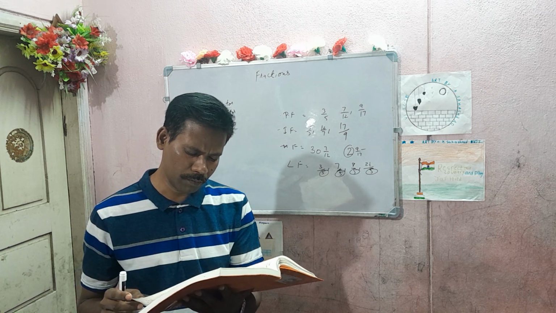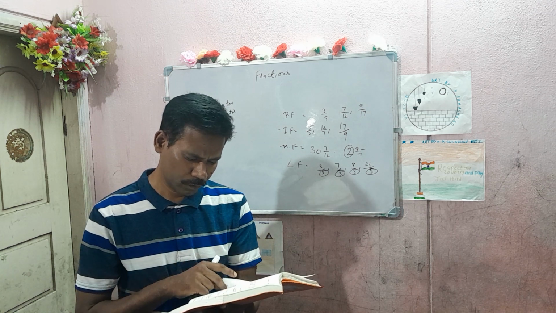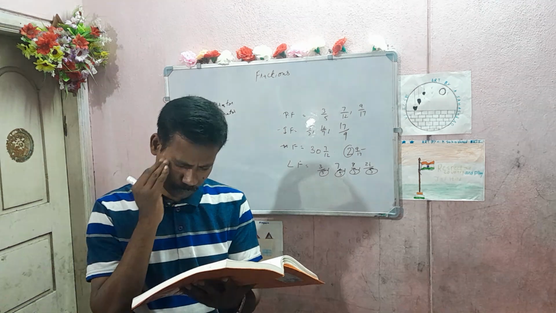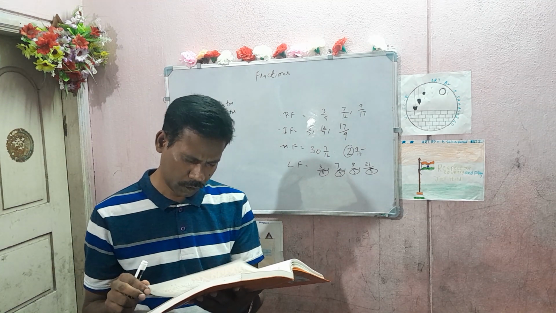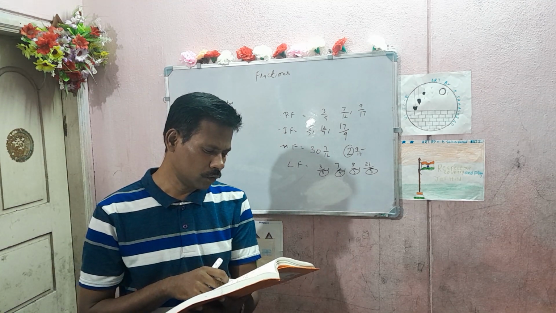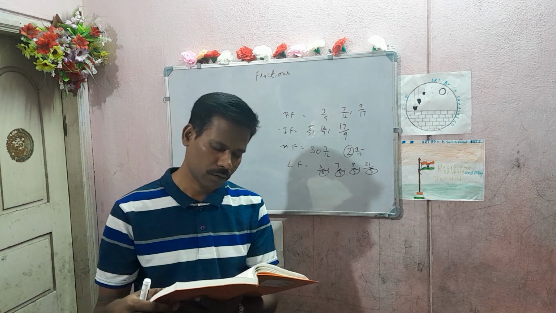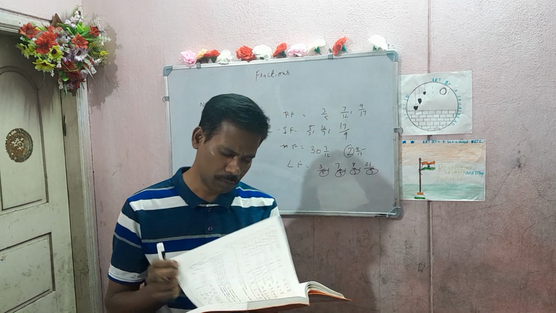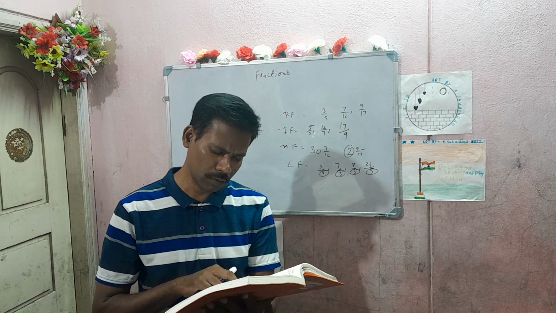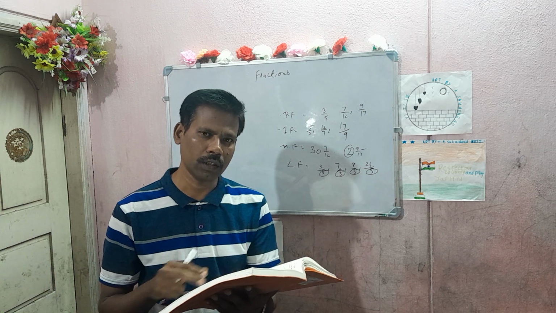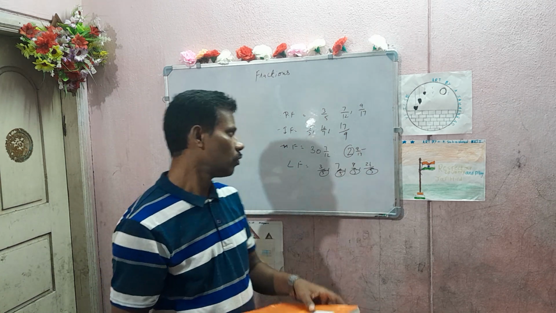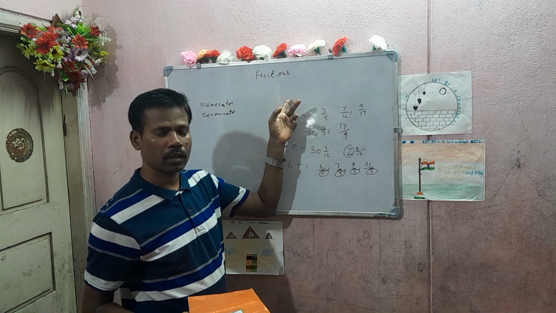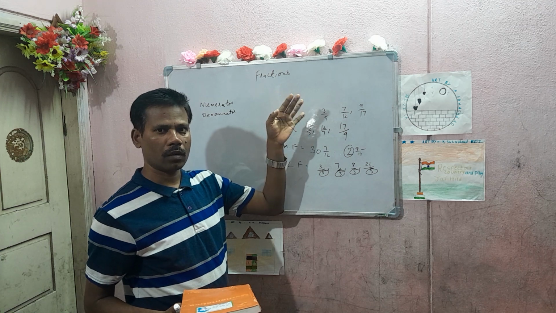We will do some problems. Which fraction is greater? Now directly we will do some problems, and some more concepts which we will discuss in the next class. Let us revise once again. Fractions, I already told you, are a part out of a whole.